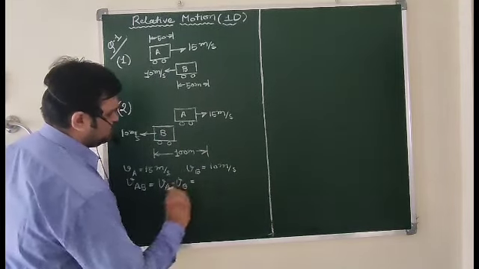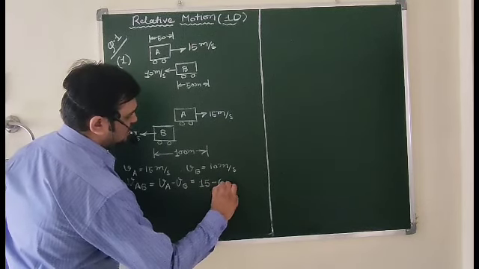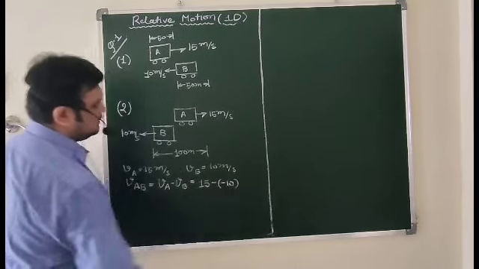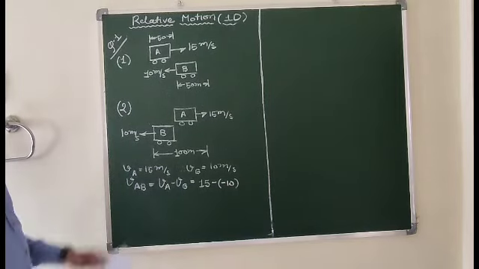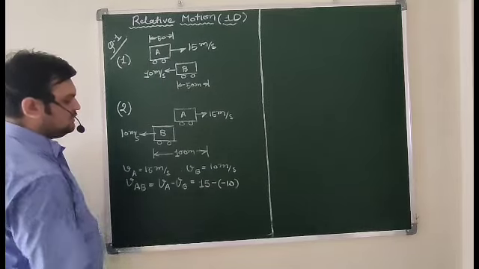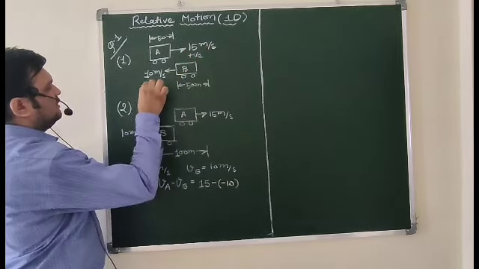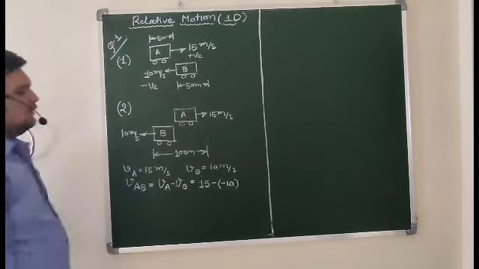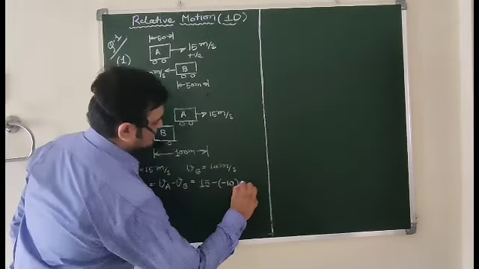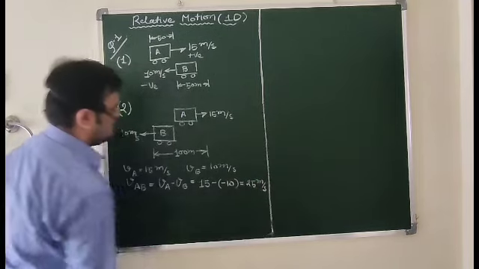So VA is 15 and VB is minus 10, because both trains are moving in opposite directions. As per the sign convention, this is positive and this is negative. So VAB is 25 meters per second.